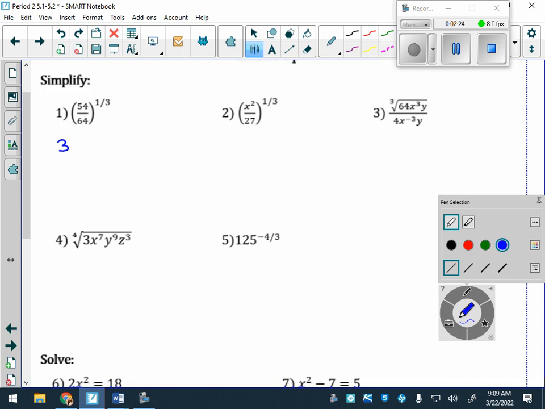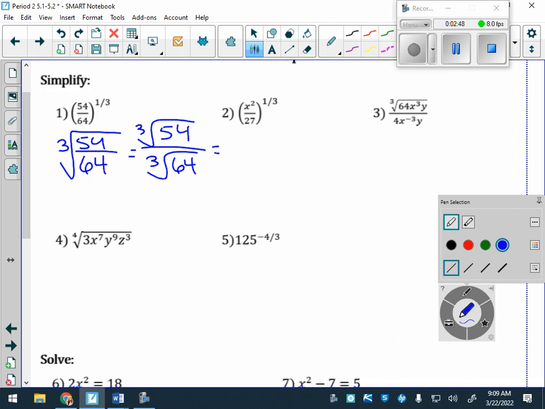So we have the cube root of 54 over 64. Now it's the cube root, and we're going to go through all of them. So we're going to check Kip's answer here. We have the cube root of 54 over 64.